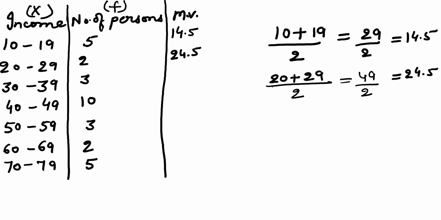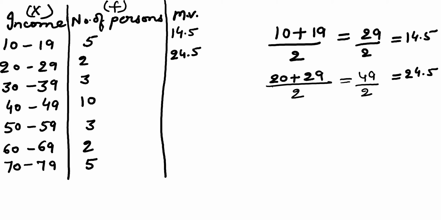And one interesting thing I would like to say is that in this question you can see that there is a gap of 10 in each class interval. From 10 to 19 there are 10 numbers, 20 to 29 there are 10 numbers, then 30 to 39 there are 10 numbers, and so on. So there will always be a gap of 10 between the mid values.